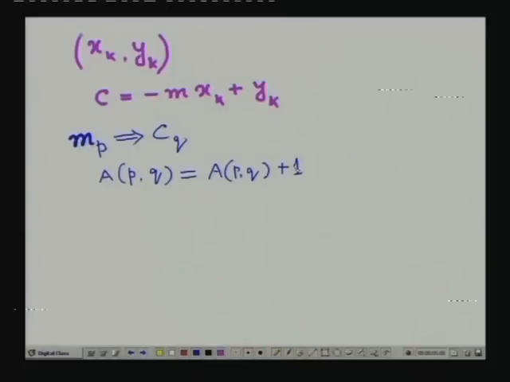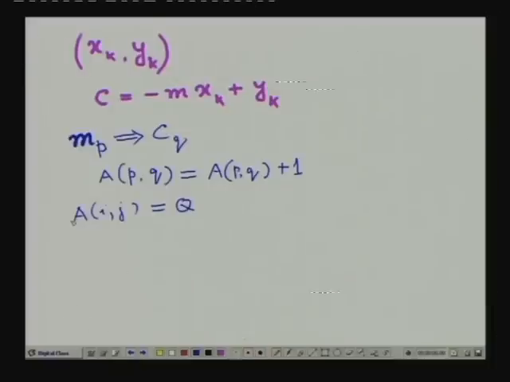So, at the end, because for every computed pair m p, c q, I am incrementing the accumulator cell by 1, where the accumulator cells are initialized to 0, you find that at the end of the process, if an accumulator cell a i j contains a value say capital Q, we are considering this after we consider all the boundary points in the spatial domain.